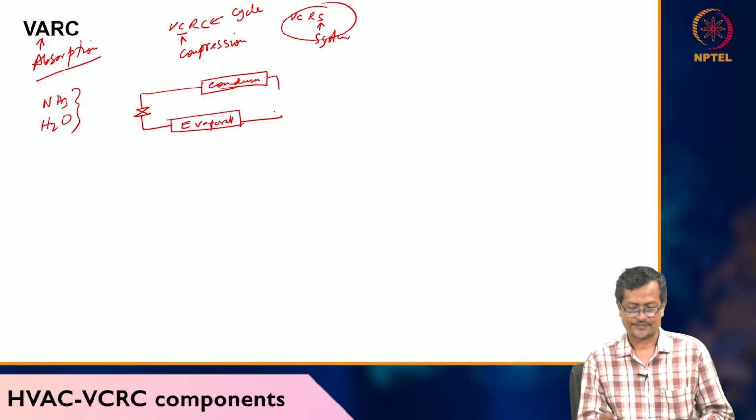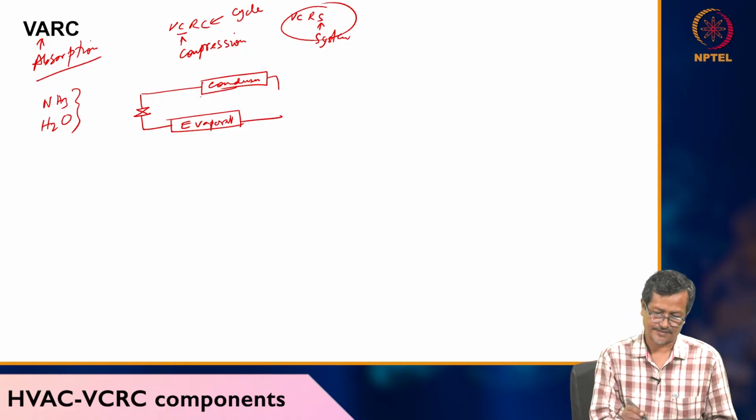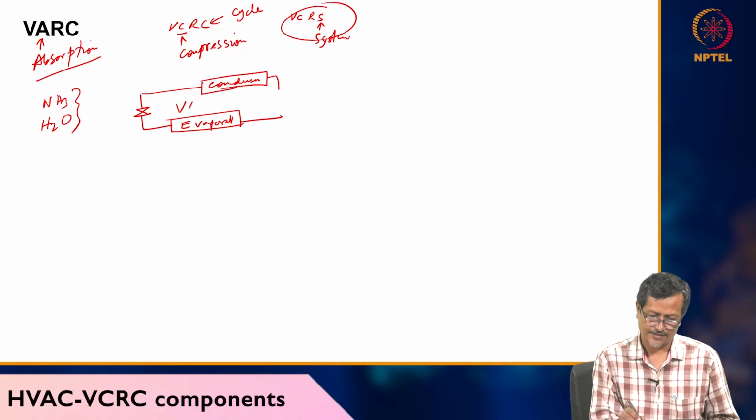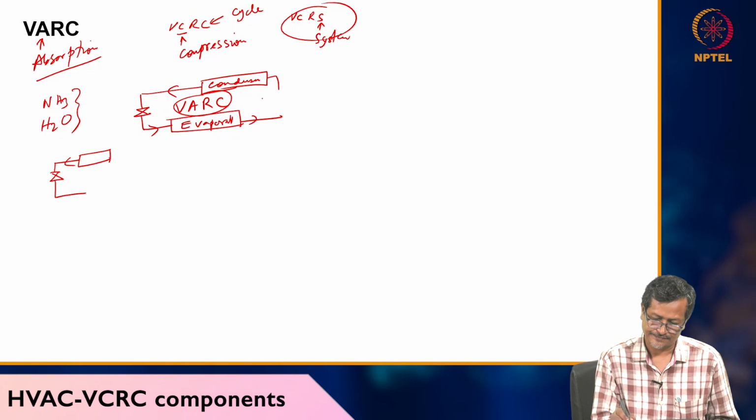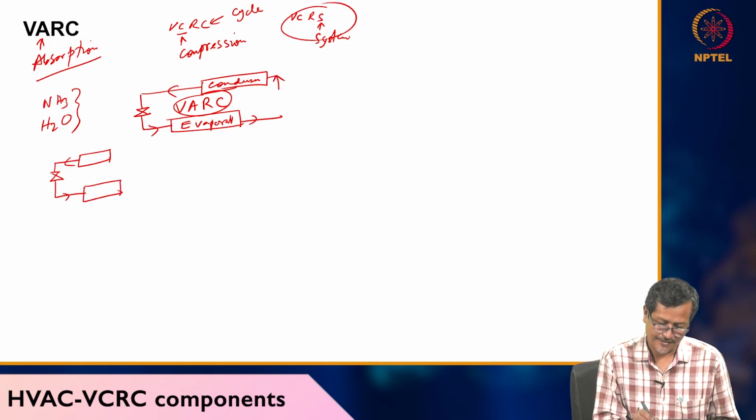Up to this it is common with the vapor absorption system. Now in the vapor compression system, you can remember I have a throttle valve, condenser, then evaporator, compressor.